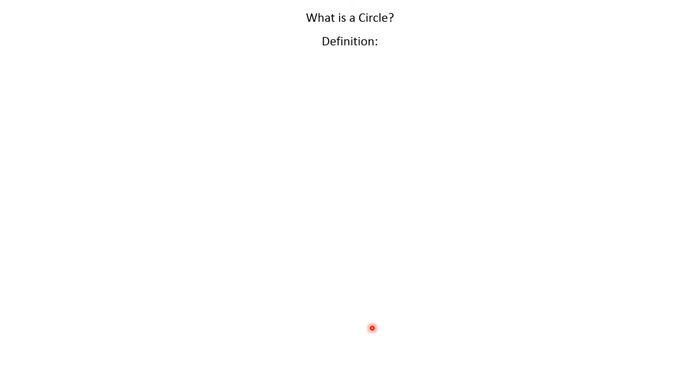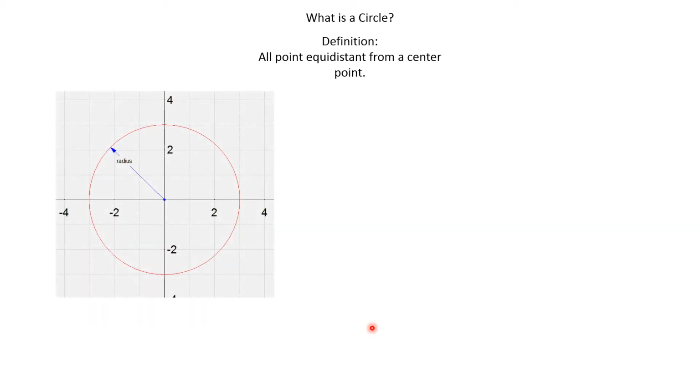The definition of a circle is all points equidistant from a center point. We're going to get the definition of all 4 of our conic sections and see how they're similar and different. But right now, just circles. All points equidistant from a center point. We have a couple different equations. The first one is just where it's centered at 0, 0.